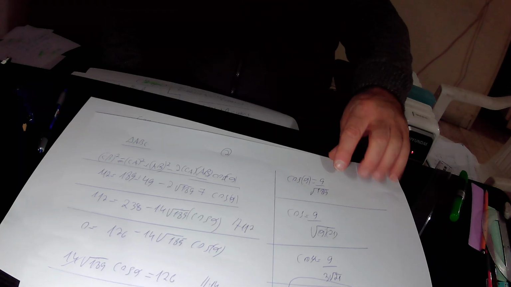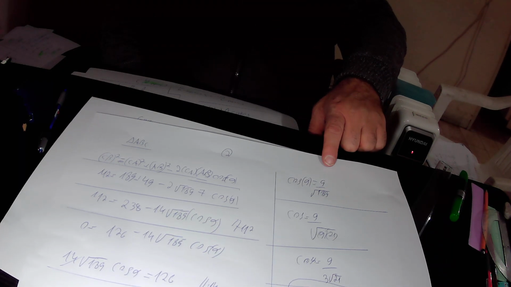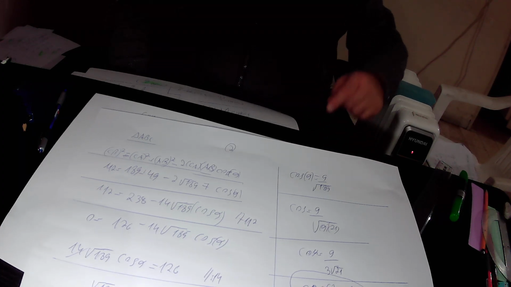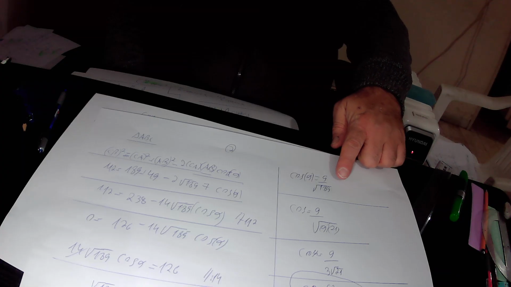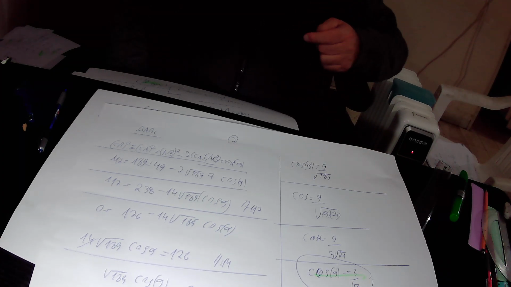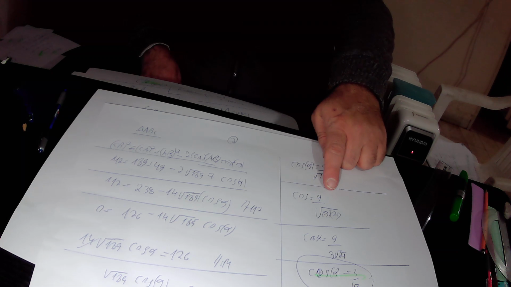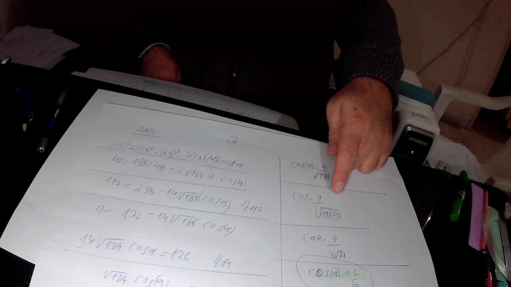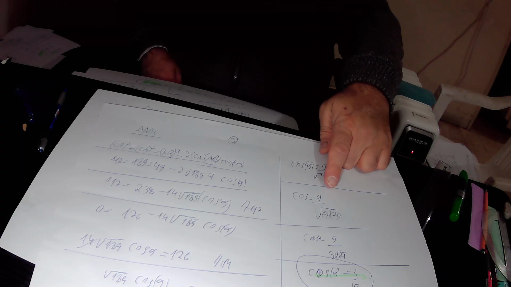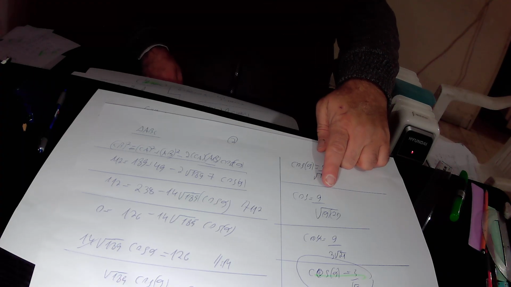We found out that cosine alpha equals 9 over the square root of 189. We substitute 189 by 9 times 21. So here we have cosine alpha equals 9 over the square root of 9 times 21. The square root of 9 is 3, so we took 3 out of the root.